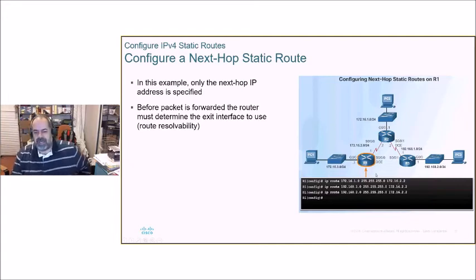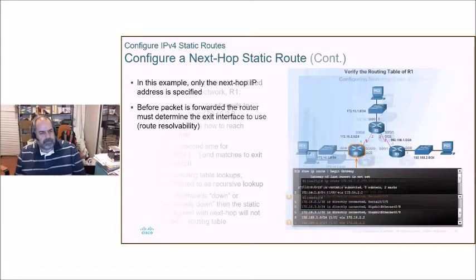Now, there is a downside to these next hop ones. They will work on every type of interface, but the downside is it then actually has to do a second route lookup to find out what interface that IP address belongs on. And of course, we can look at it and think it's S000, but a router's a computer. It's not that smart.